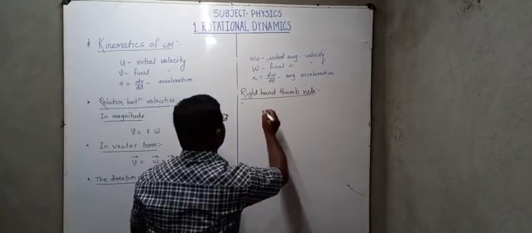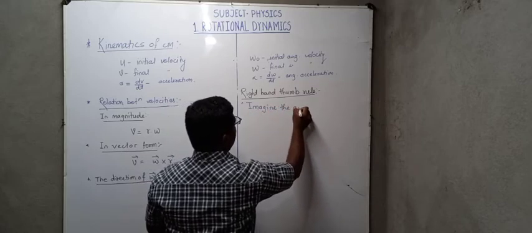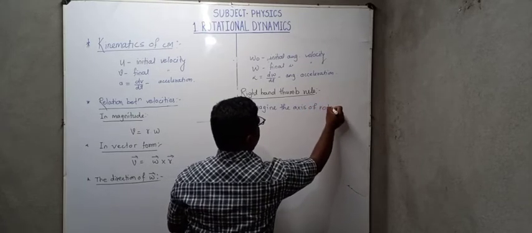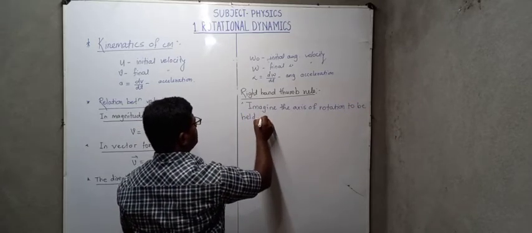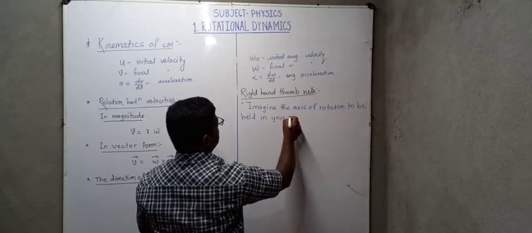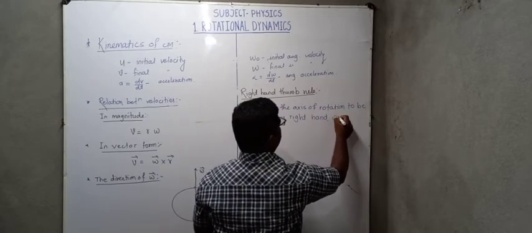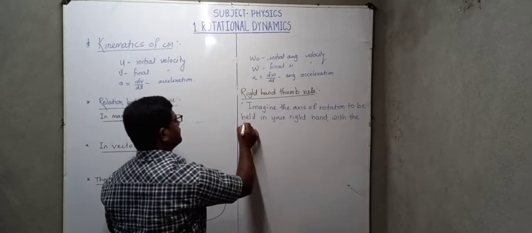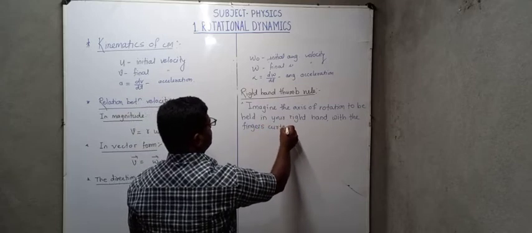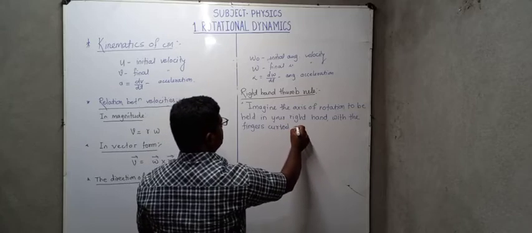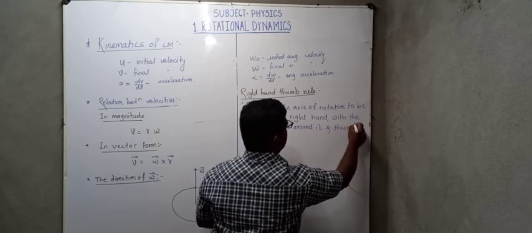Now the statement of the right hand thumb rule. Imagine the axis of rotation to be held in your right hand with the fingers curled around it and thumb outstretched.